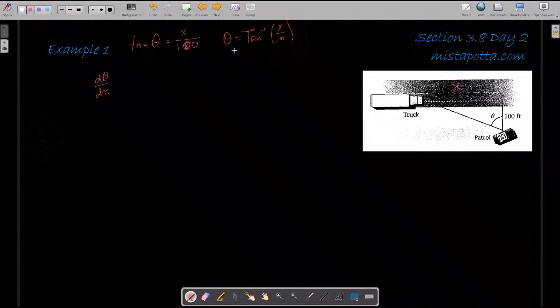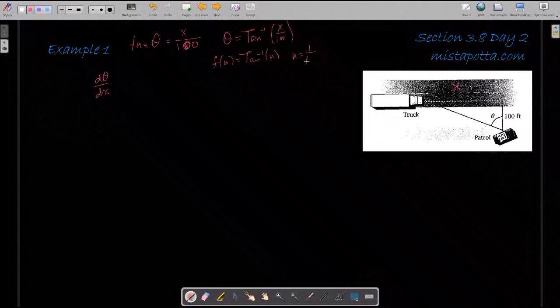So what I've got here is a composition of functions. My original function, f of u, is tan inverse of u, where u is this x over 100, which is really 1/100th of x. And I'm writing it that way so I don't think to use the quotient rule.